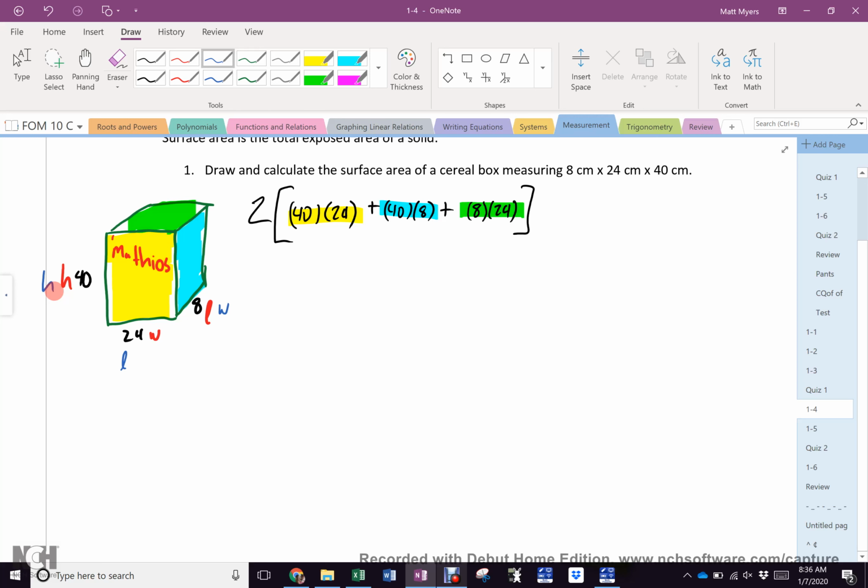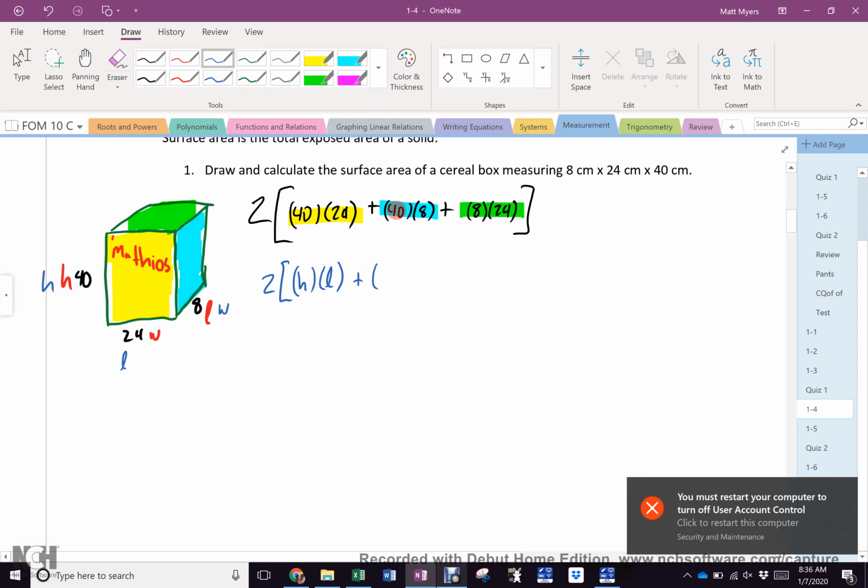Now let's look at this. If I wanted this as a formula, it would be 2 bracket 40, everyone agrees was the H, yes? So H times 24 L. Could it be HW? Sure. Plus, what's 40? That's H again. What's 8?